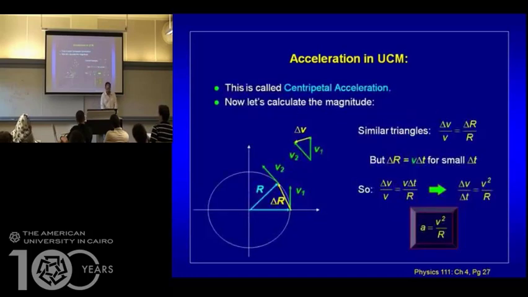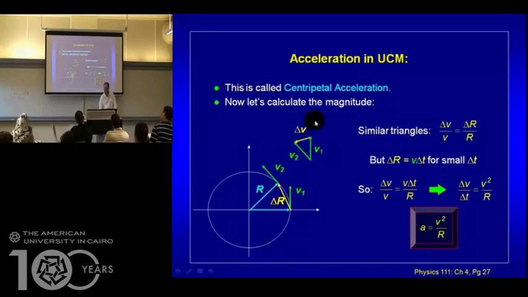Look at that triangle that we drew a minute ago. Do you remember that? This is vector r, and this is another vector r, and this is delta r, this yellow part. Compare those triangles.